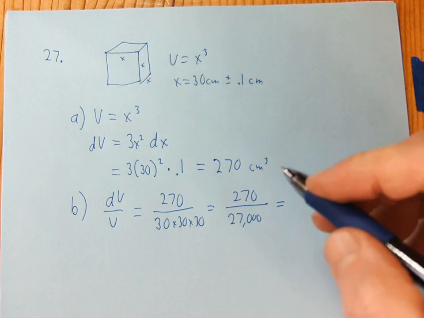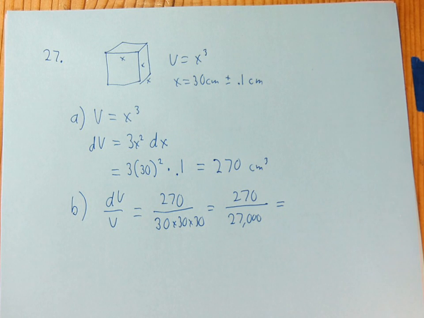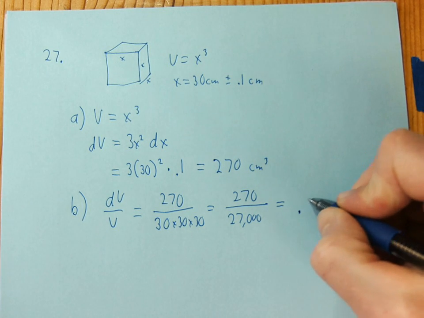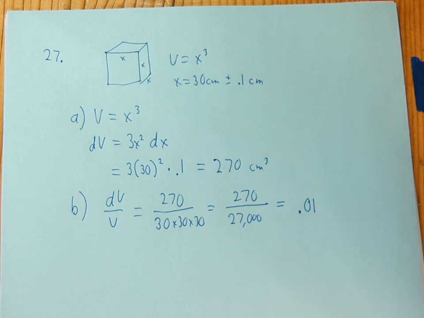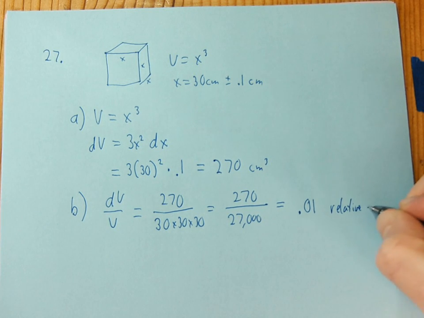And so we divide that, and isn't that just 0.01? 270 divided by 27,000 is 0.01. So you're only 0.01 relative error. Relative to the volume, well, that's not so bad, right?